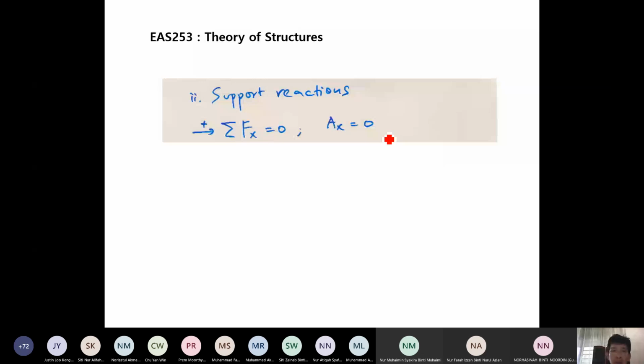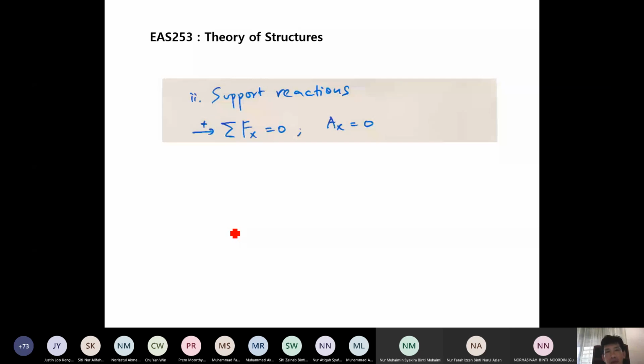Only when there is loading in the x direction are we going to get AX at some value. In this particular case, because there's no loading with a component in the x direction, we don't get any support reaction in the x direction at A. So that is the first one solved.